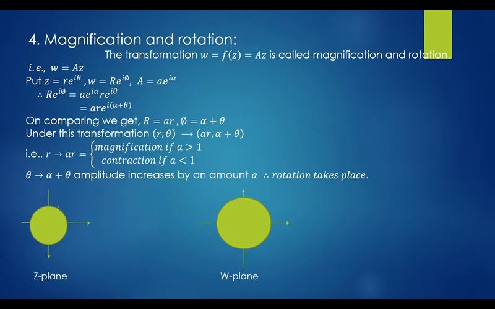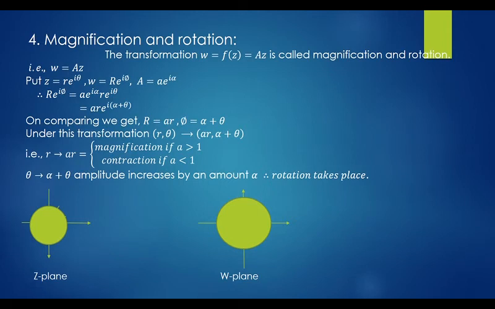The next type of transformation is magnification and rotation. The transformation W equals f of z, which is defined to be A into z, is called magnification and rotation, where A is a complex constant. Here we substitute W, A and z as complex numbers in polar form.